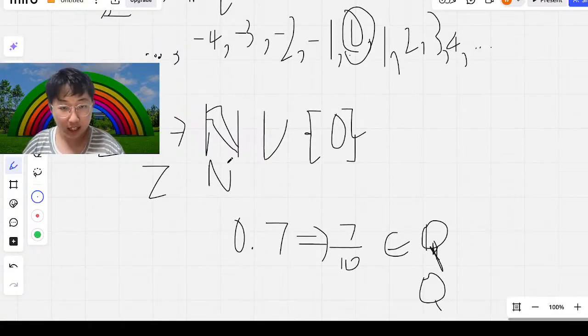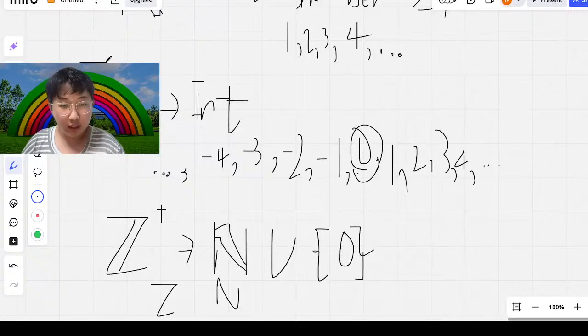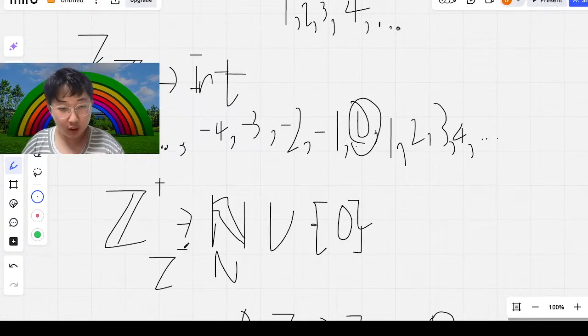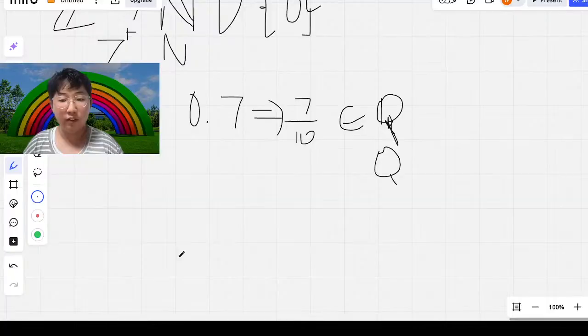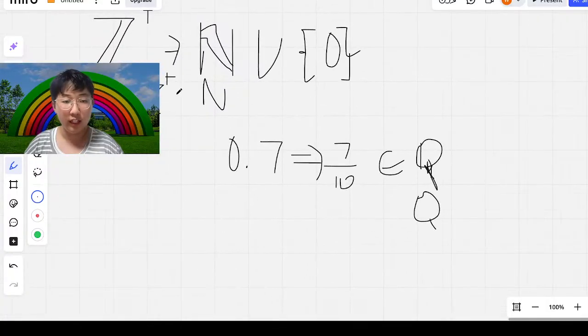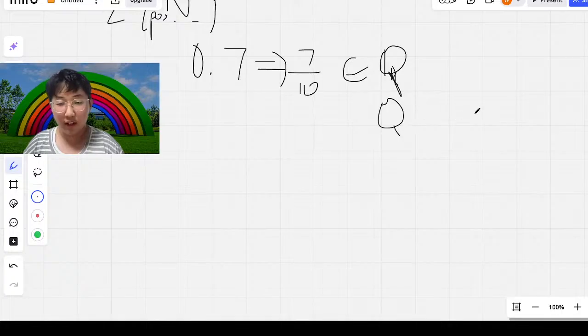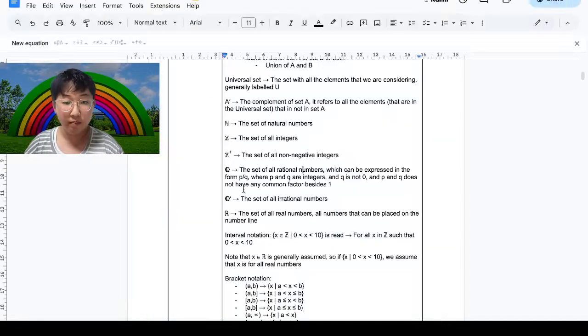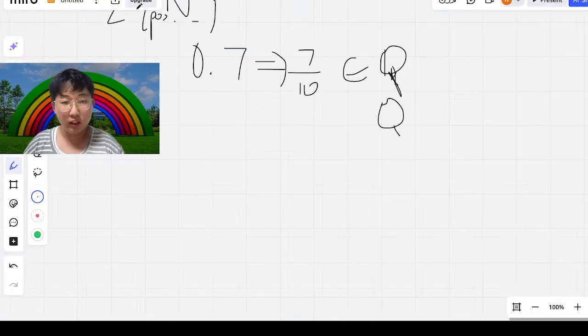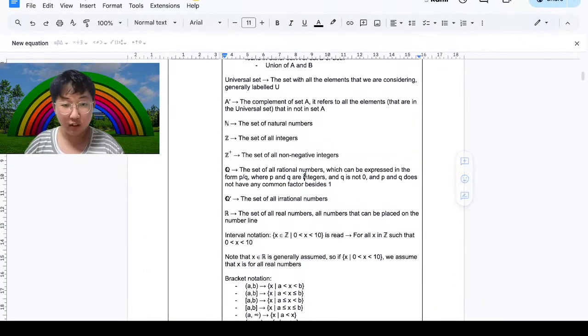You can just write Z and N, but just ensure to get your point across. And if you don't think the examiner will understand, just write beside it, the set of positive integers, or the set of rational numbers, etc. So we want to say that it's the set of rational numbers.